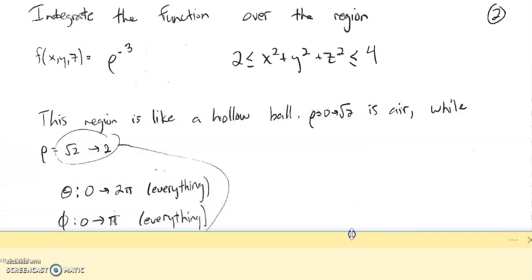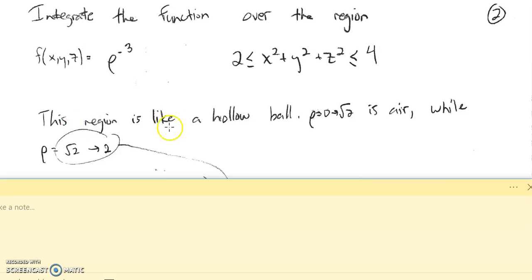I did not even attempt to draw it, right? So this region is a hollow ball where rho from 0 to √2 is air, while √2 to 2, I probably should have written, is the solid portion that we're integrating over, part of the region. So if that helps you set up the bounds, then go ahead and do it.